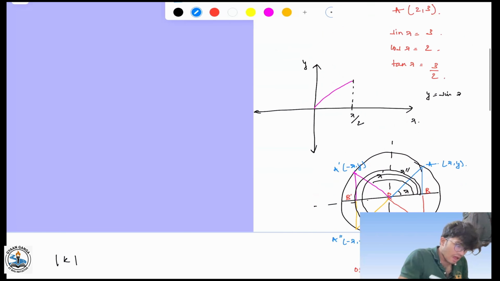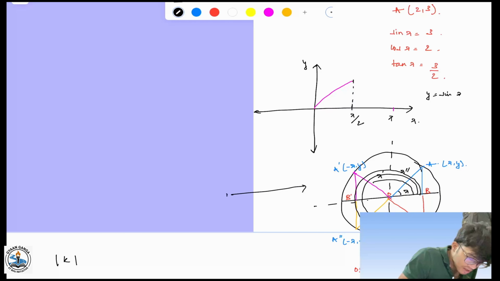So now in this graph I can extend to more angles. You see this value in a straight line, this angle is actually pi, 180 degrees, and this entire angle is 360 degrees, which is 2 pi.